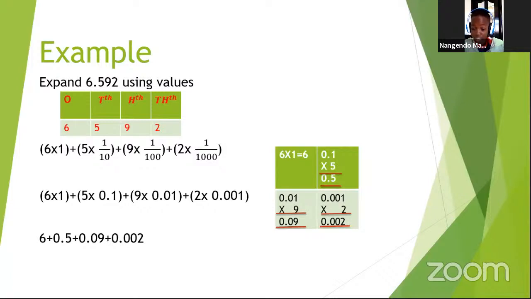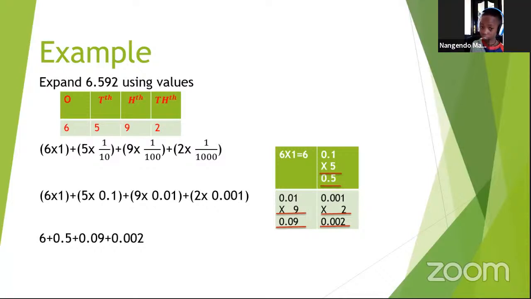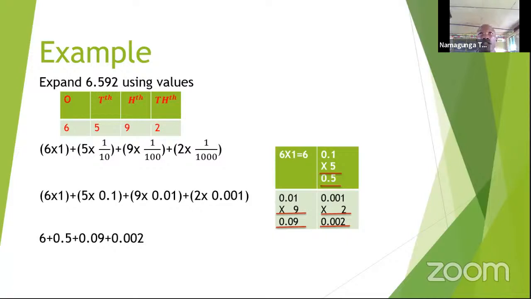6.592 using values. Okay, so we are to expand 6.592 using values.